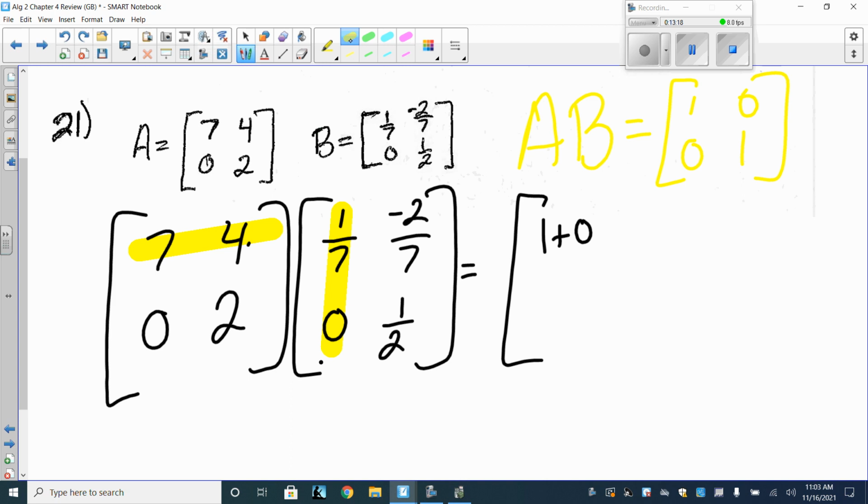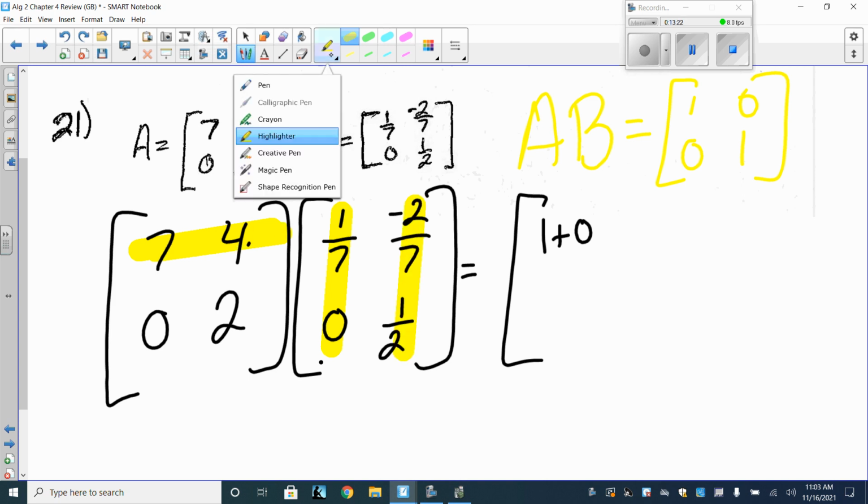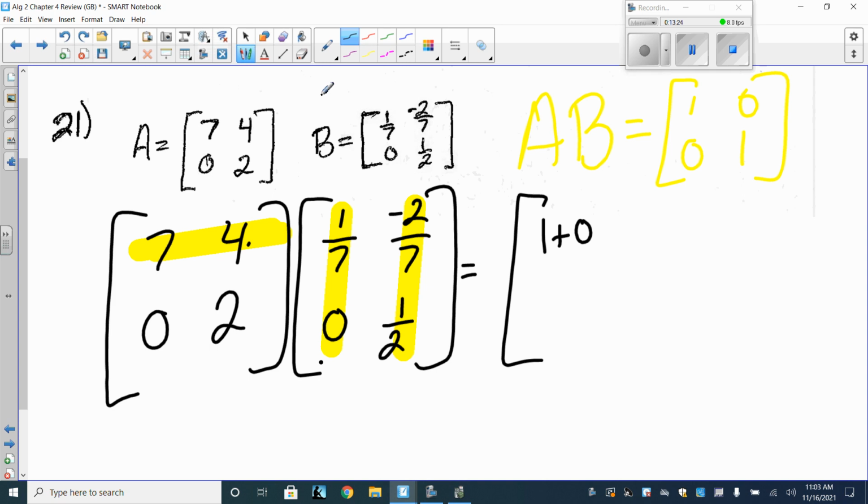We can do it again. We would go over and down. 7 times negative 2/7 is negative 2, because the 7 in the numerator would simplify with the 7 in the denominator, leaving us with negative 2. 4 times 1/2 is going to be plus 2.